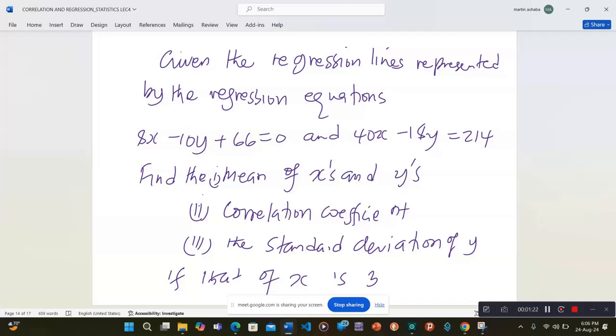Now, to get the mean of the values of x and the mean of the values of y, remember these two lines are on the same graph. So, the mean of the values of x will be at a point where the two are intersecting. The same way is how we get the mean of y.